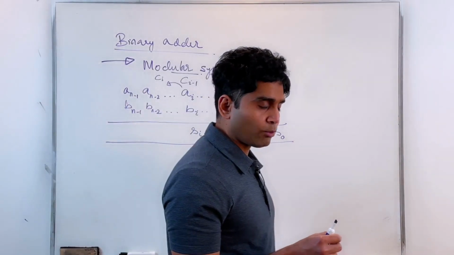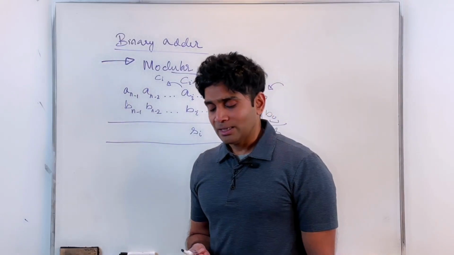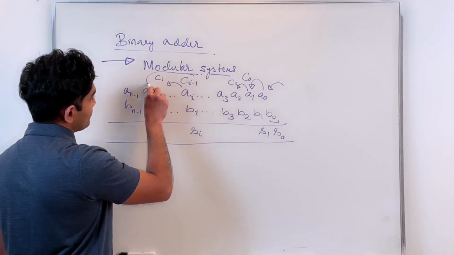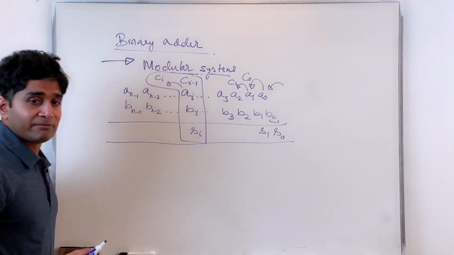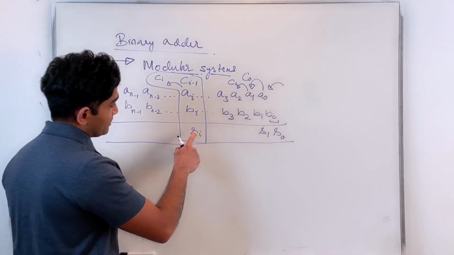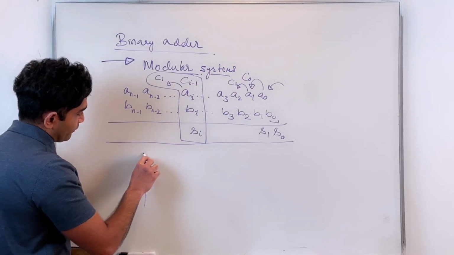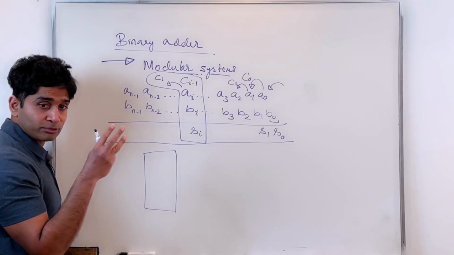Okay, so if I want to design a module that can be replicated, I would probably design a module that can do this operation. And this is exactly the approach we have taken in the last class. And we have actually implemented that module, right? Now we see that this particular module takes in 3 inputs.